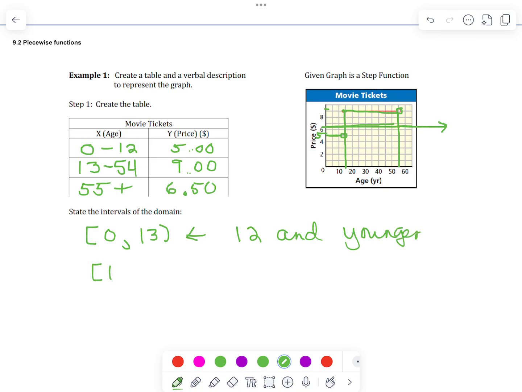Then we have the 13 to just before 55. And then we have those who are 55 and older.